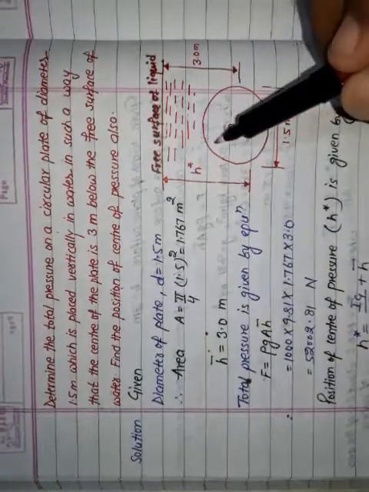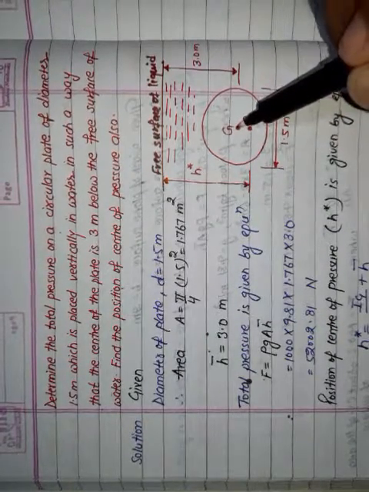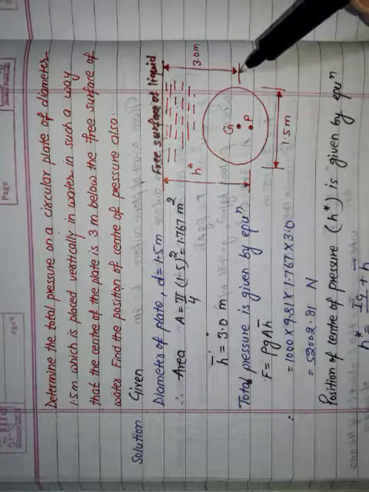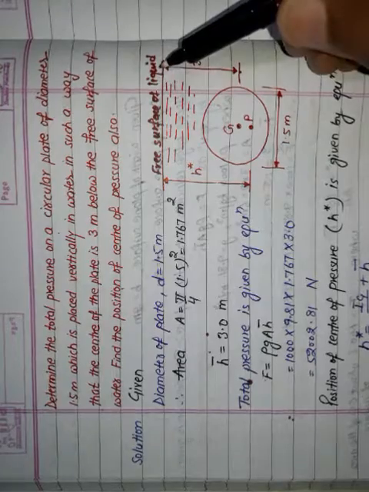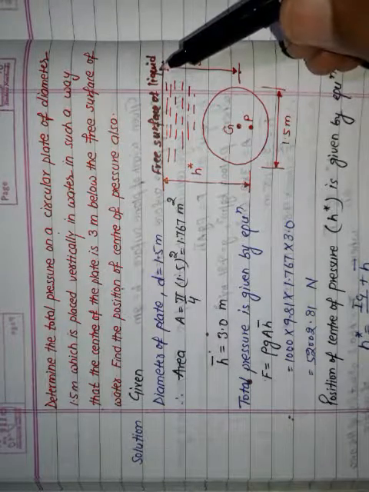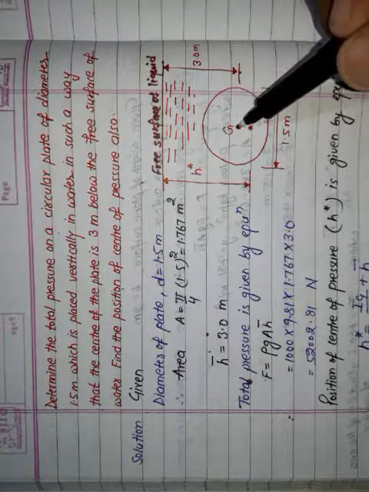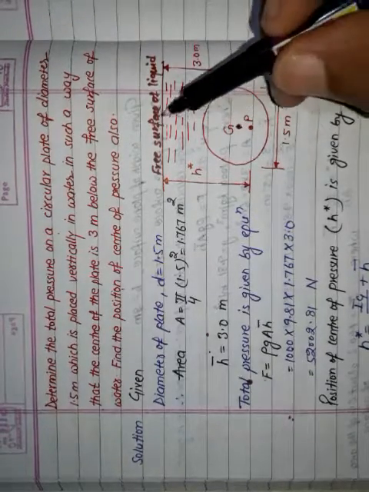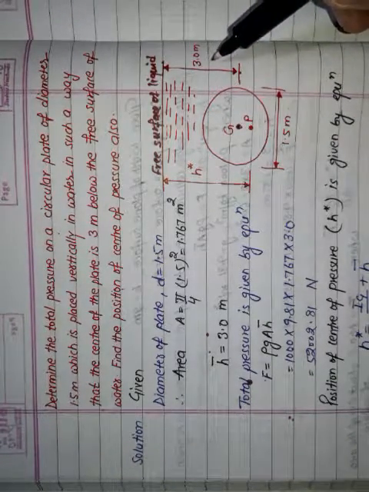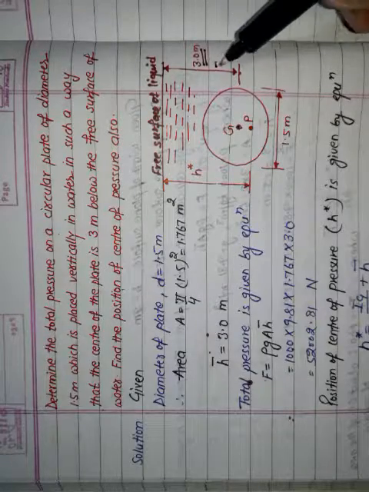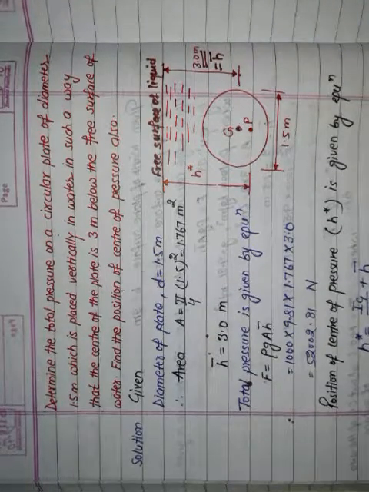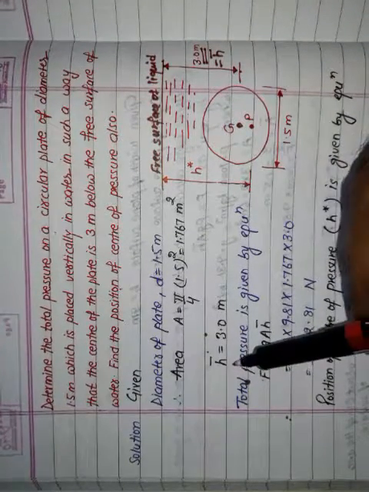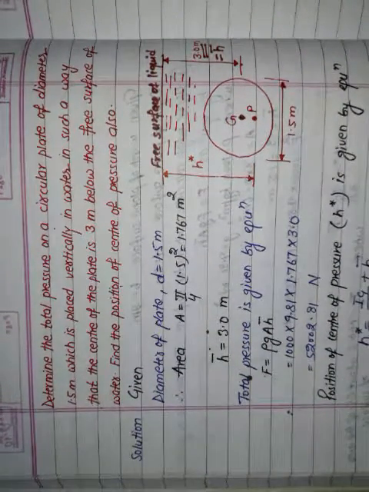So this is the plate, and this point G is the center of the plate, and this point lies at a distance of 3 meter from the free surface of the liquid. So we can say the distance of G from the free surface is 3 meter. So obviously this 3 meter is equal to h bar. So we can write h bar equal to 3 meter.